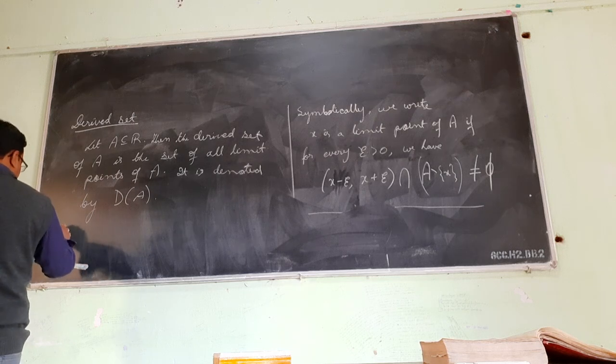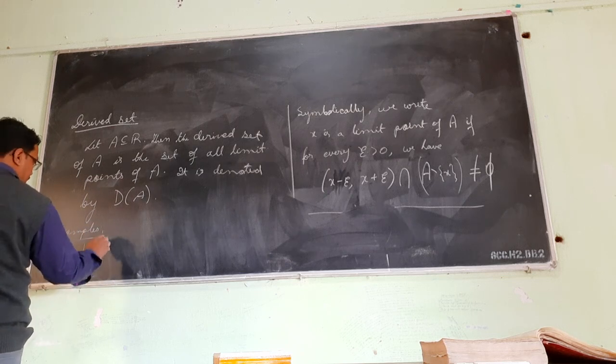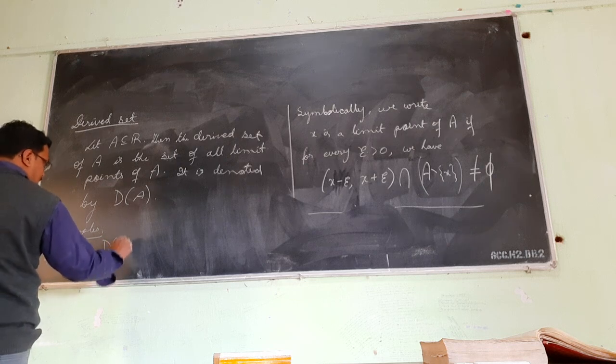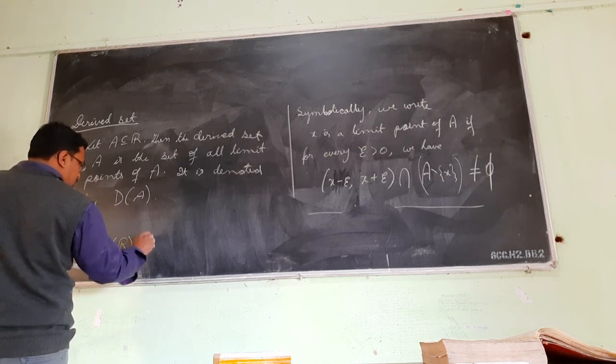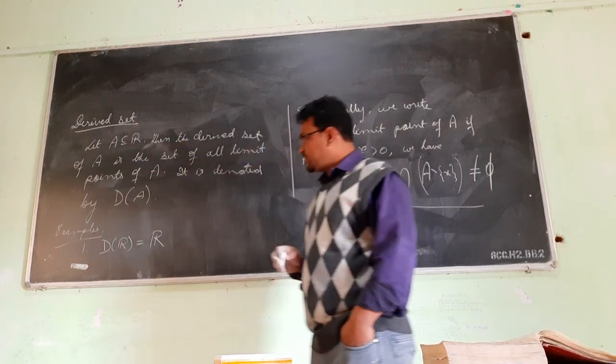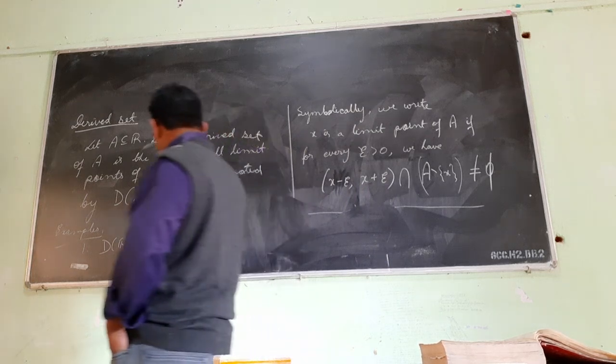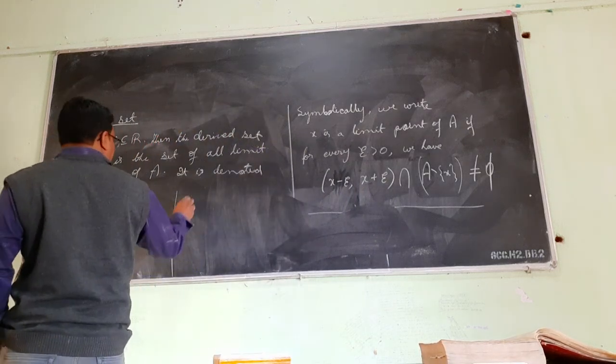So now let us try some easy examples of limit points. Number one, the derived set of R is R. What will be the derived set of R? The set of all limit points of the set of real numbers. It is R itself. Why is the derived set of R equal to R?